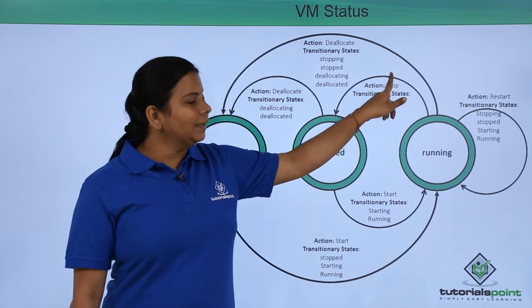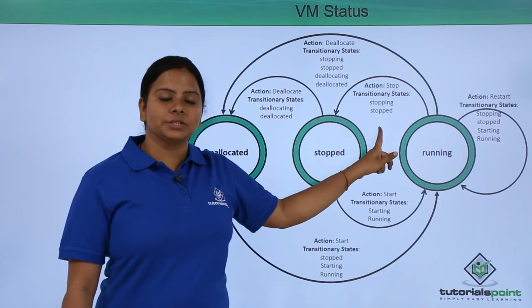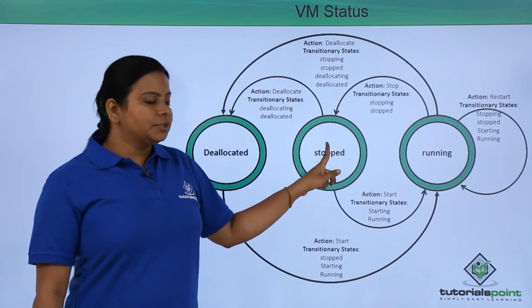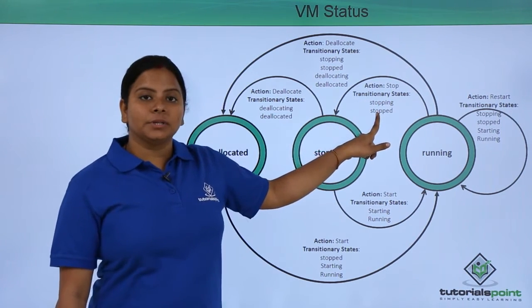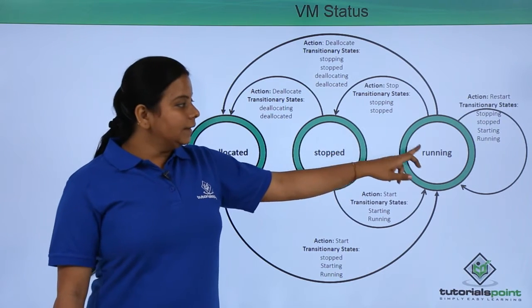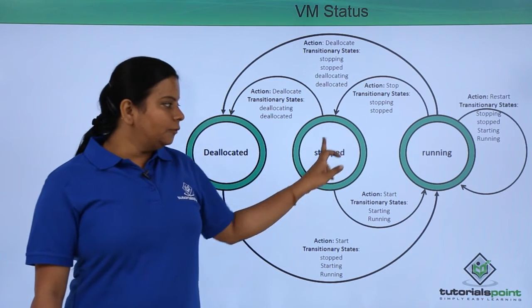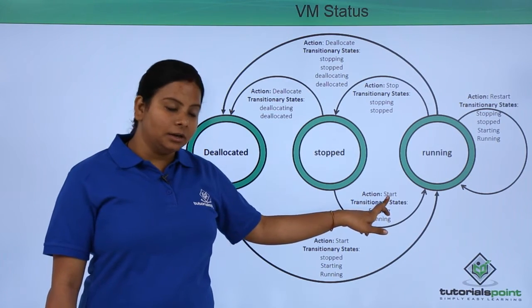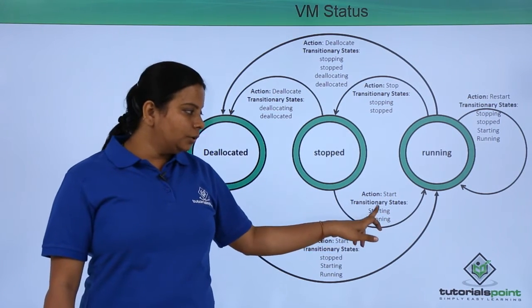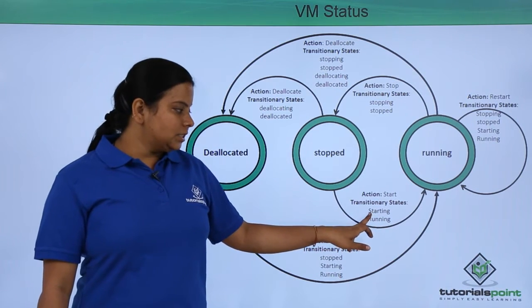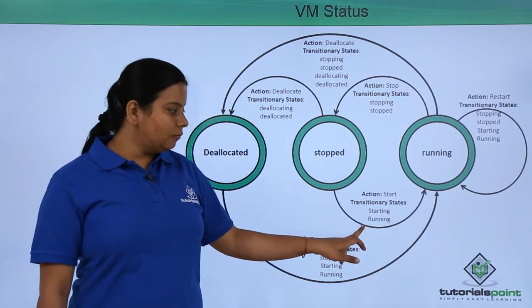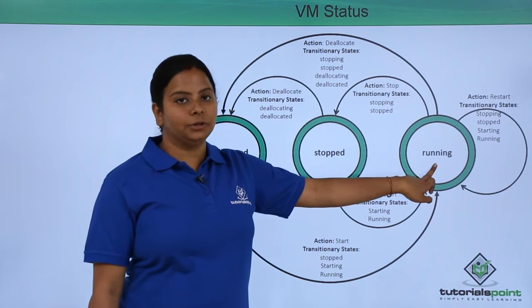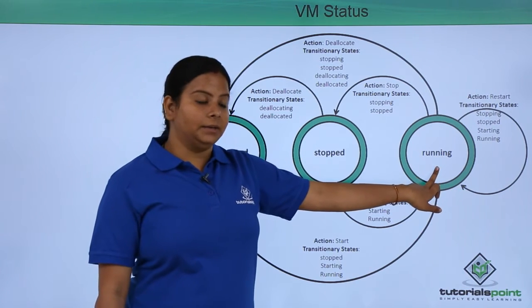If stopping is in process, it will show stopping. If it is stopped completely, you will directly get stopped. Next, if you have stopped your virtual machine and you are going to start it, the action will be start, and then you will get two transitionary states: starting if it is starting, and if it is running you will get back to running.